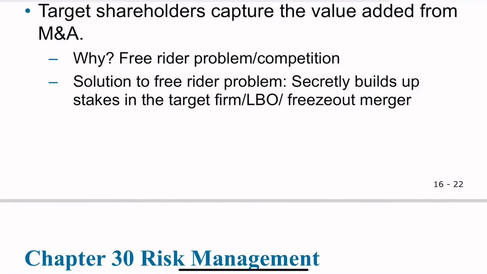And then we also discussed the solution to the free rider problem. First, the acquiring firm can build up stakes in the target firm secretly. But we also know that according to law, the maximum percentage you can buy is 10%.